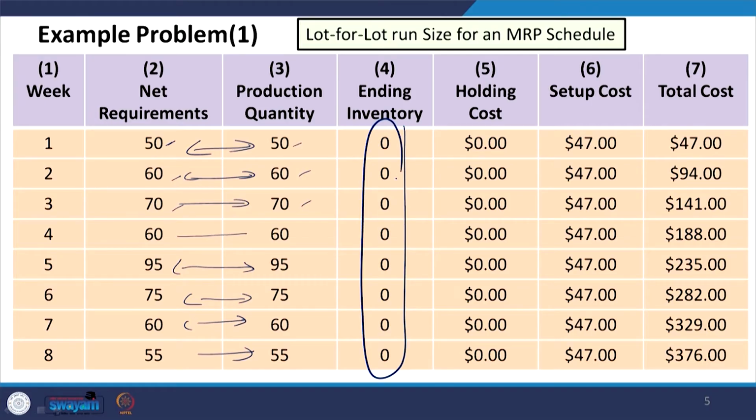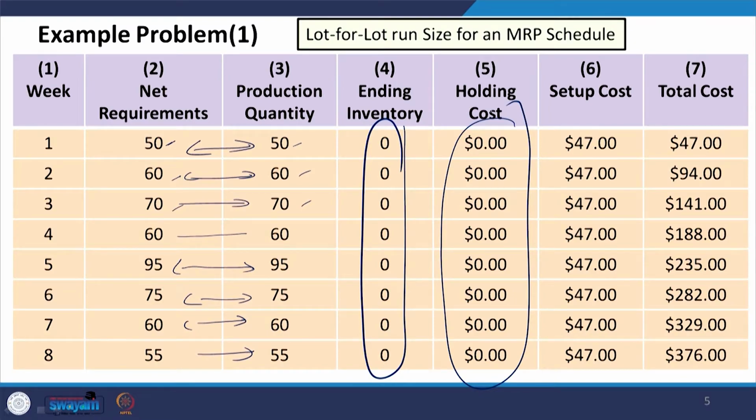Your ending inventory is 0 because whatever is required you are producing only that much, and therefore, the holding cost also becomes 0. We just discussed that there will not be any carrying of inventory from one period to another period.